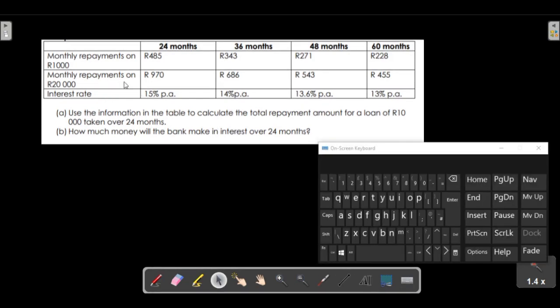Okay, so look at this. We have a table here, monthly repayments. The first row is monthly repayments on 1,000 rands. No, this can't be right. A monthly repayment, guys, can't be correct.